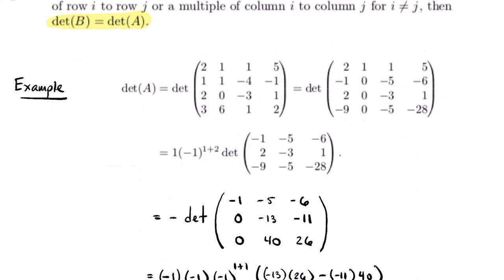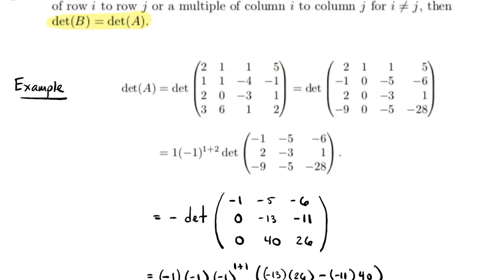Well, you could just start doing cofactor expansions, right? You say, well, it's 2 times the determinant of this 3 by 3, minus 1 times the determinant of that 3 by 3, and so on. But that's kind of a lot of computation. So instead, what's the author doing here? They've done some row operations, and in particular, they're being a little bit clever here.